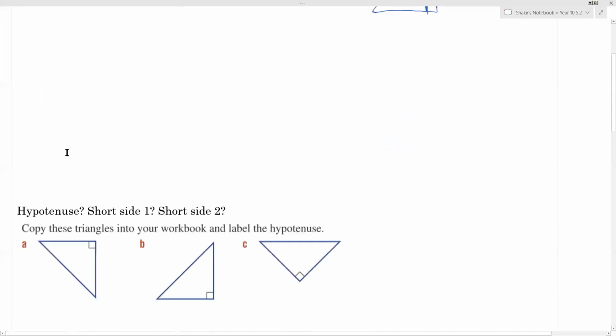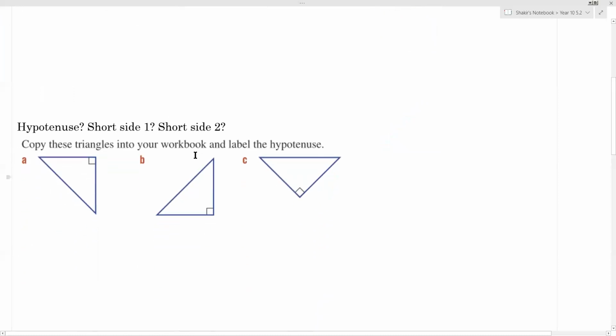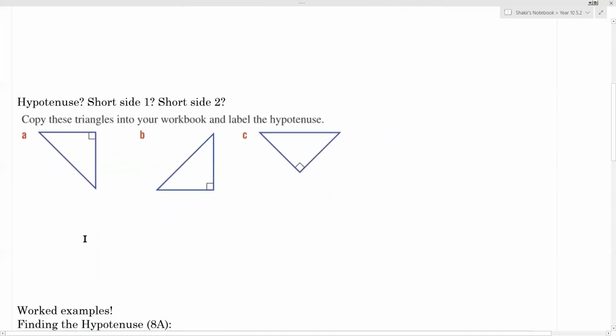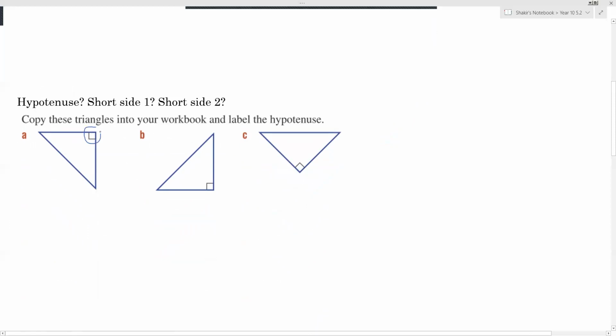So hypotenuse, short side 1, short side 2, what do we mean? Well, the first thing you need to understand is the hypotenuse. The hypotenuse is always opposite the right angle. So we've identified the right angle here. The hypotenuse is going to be opposite, on the other side.